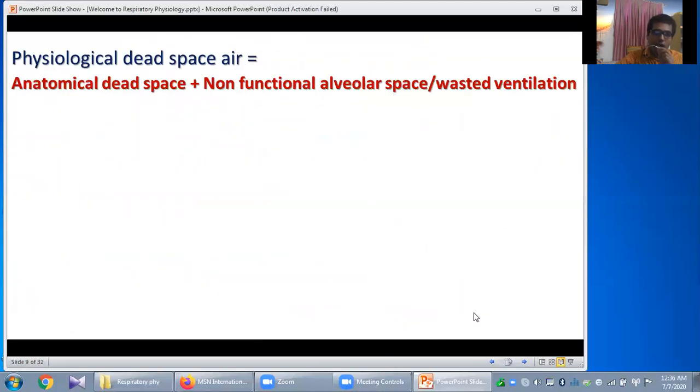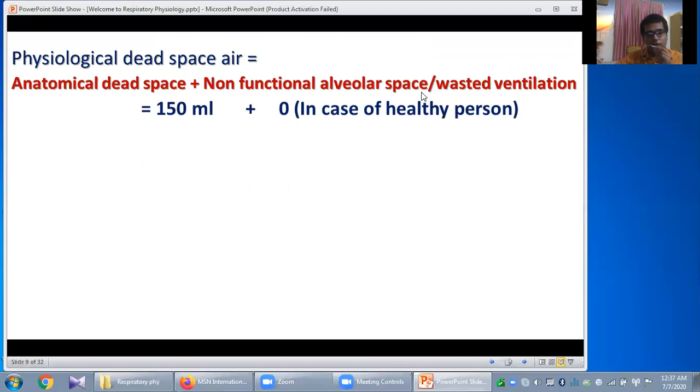So how will you calculate the volume of physiological dead space air? Physiological dead space air is equal to anatomical dead space plus non-functional alveolar space, or wasted ventilation. We know that the anatomical dead space air volume is 150 ml.